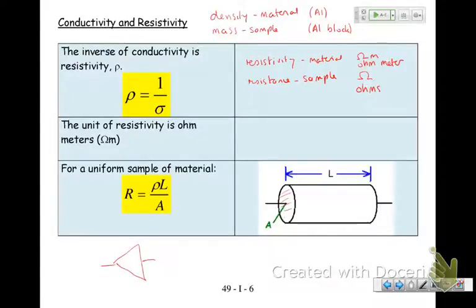If it was a tetrahedron, or some kind of weird shape, you couldn't really apply this. But for this, there's an obvious L, and there's an obvious A, and it's not changing. So then we get R equals rho L over A, so my resistance is equal to my resistivity times the length of the resistor material over the cross-sectional area of the resistive material.